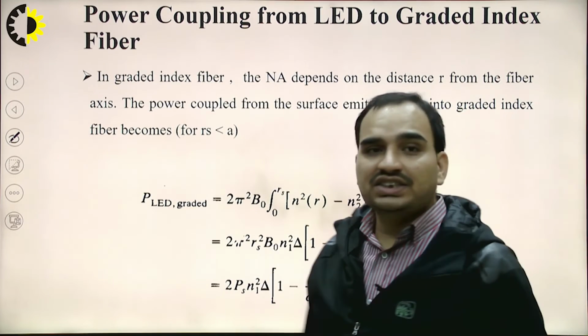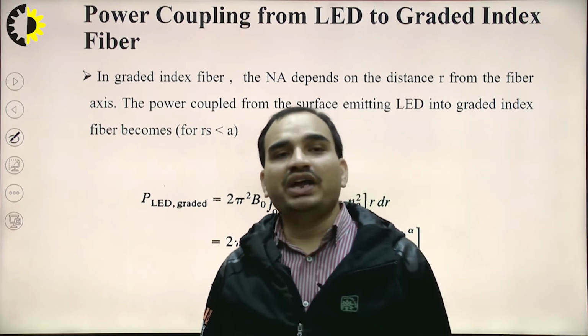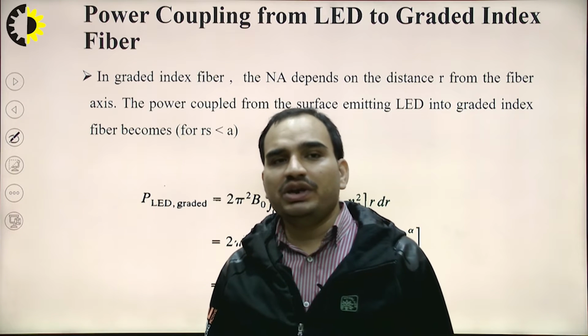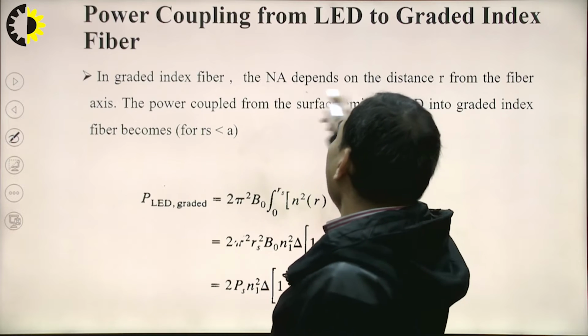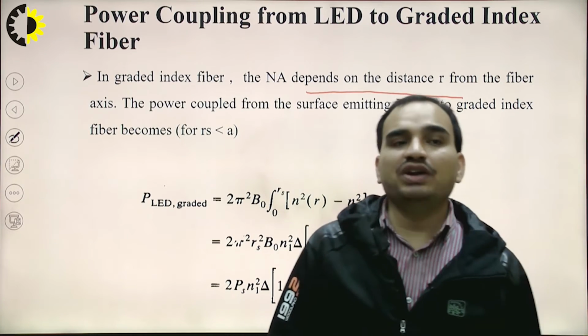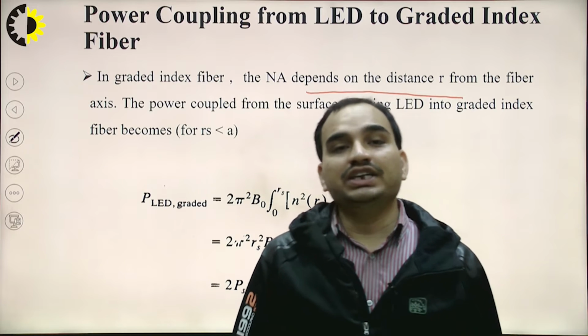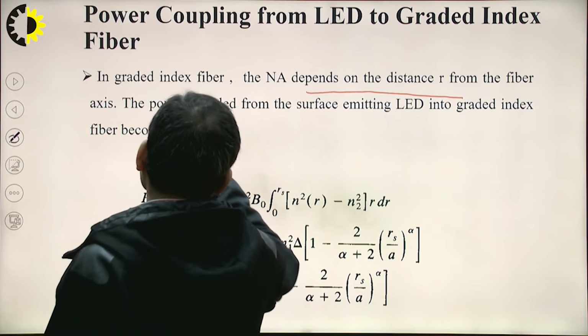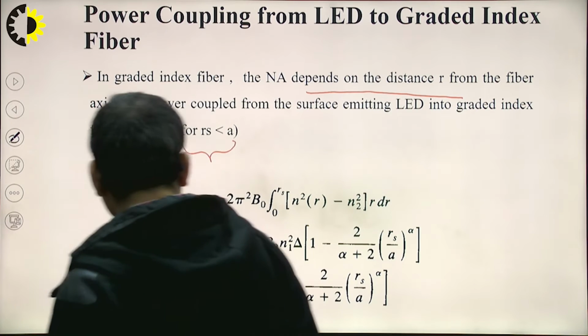So let's discuss the power coupled from LED to the graded index fiber. For the graded index fiber, the numerical aperture depends on the distance r from the fiber axis, and the power coupled from the surface emitting LED into the graded index fiber becomes, Rs less than the radius of the core.